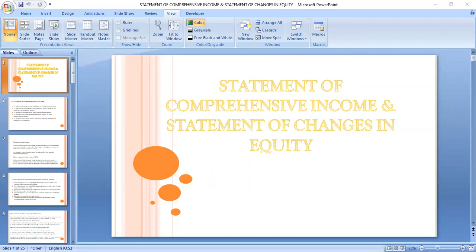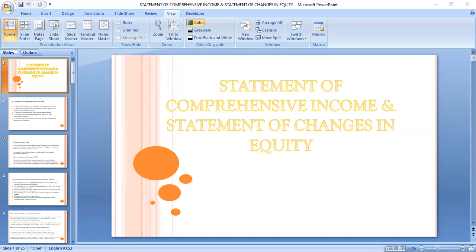Here, we have to understand the nature and usefulness of the income statement, the concept of comprehensive income, profit or loss, and other comprehensive income, to identify the components of other comprehensive income, to recognize the reclassification of the adjustments related to other comprehensive income, and to be able to present the income statement following the functional and natural presentation.